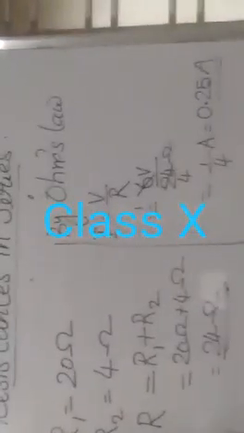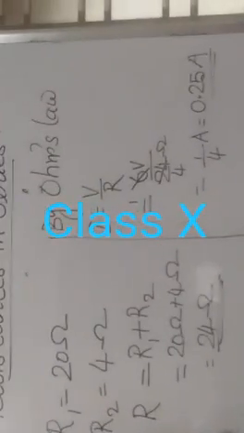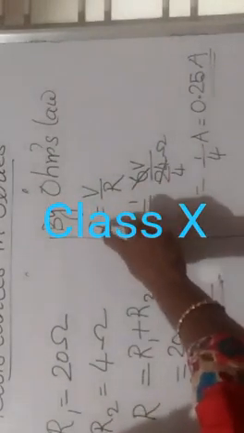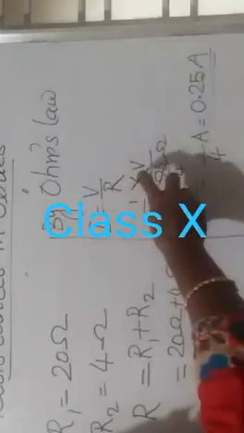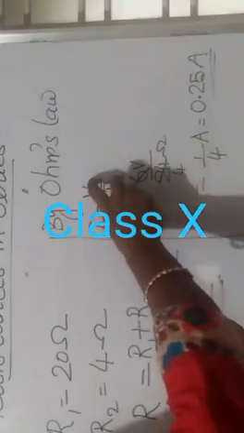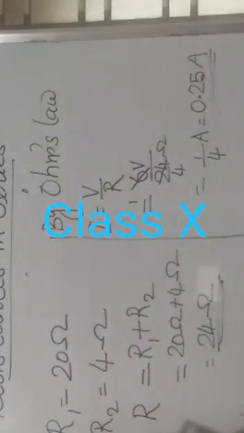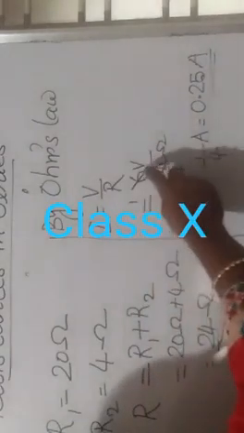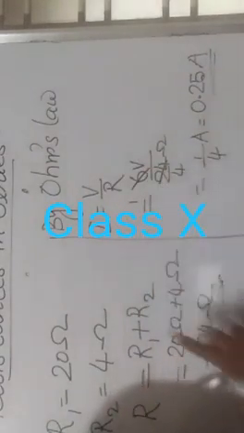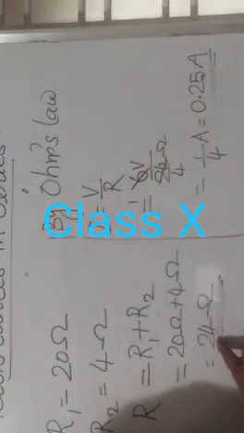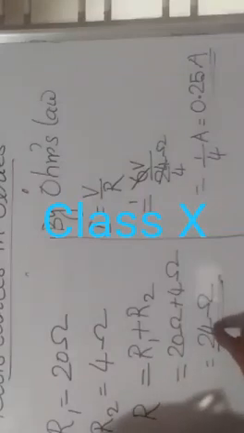So how much did you get? Yes, you can see here what I wrote. I is equal to V by R. 6 by 24, that is V given in the question as a 6 volt battery. It is connected in series with a 6 volt battery. So 6 volt, and R, the total resistance of the circuit we obtained as 24 ohm.